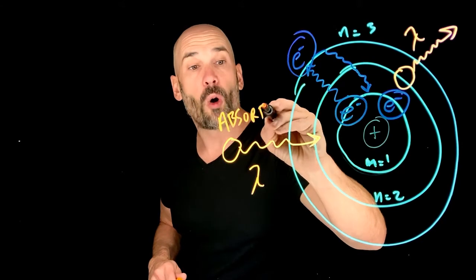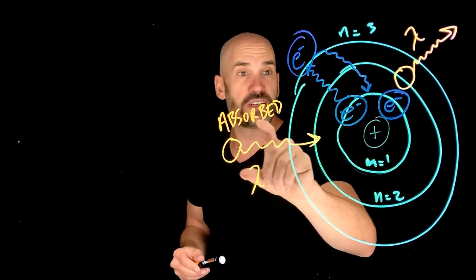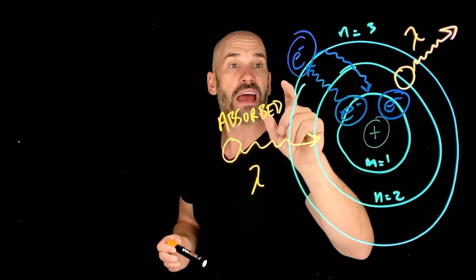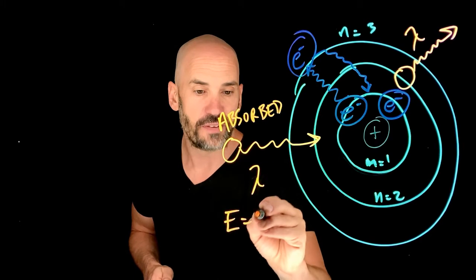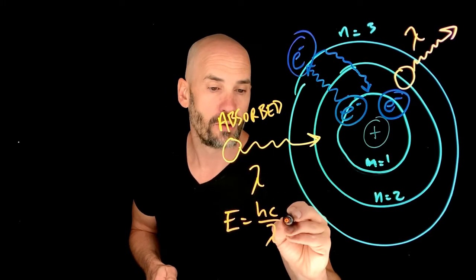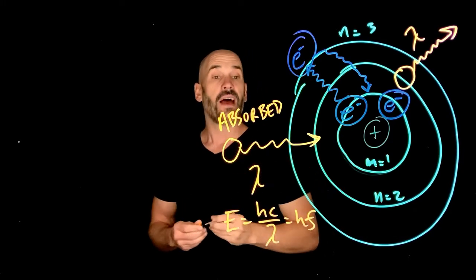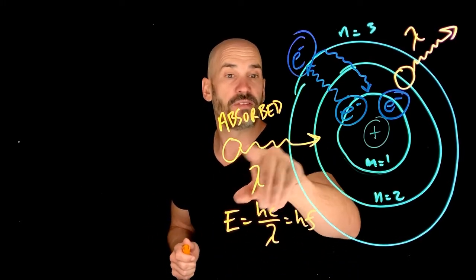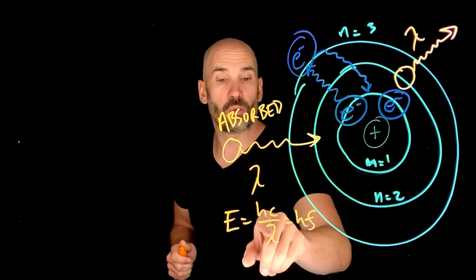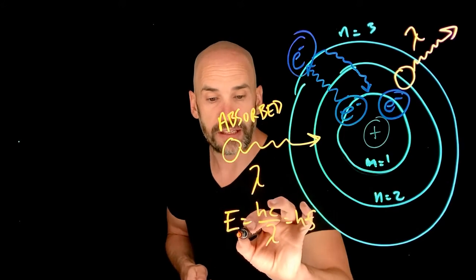And remember, there's only certain frequencies it can absorb, and those frequencies are the ones that involve the exact energy. So remember, this has an energy of hc over lambda, or h times frequency. Planck's constant is h. So the only wavelengths of light it's allowed to absorb are the ones in which the energy is exactly the difference between certain orbitals.